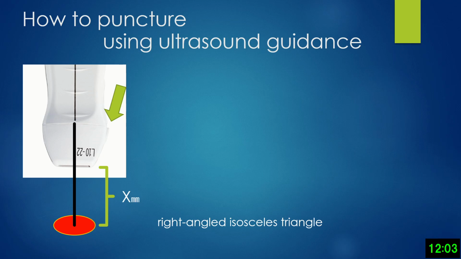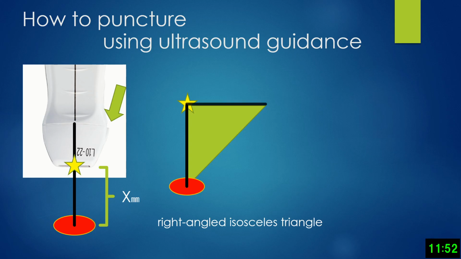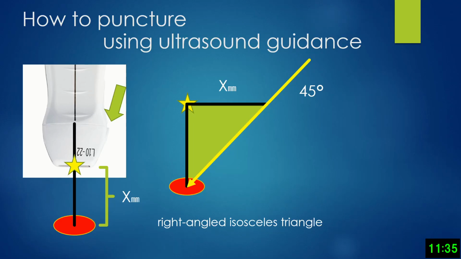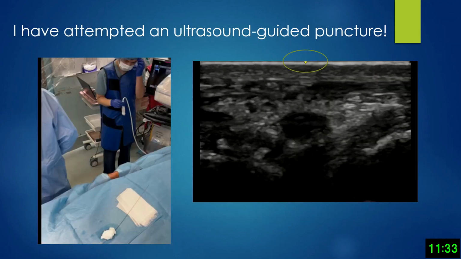And next, imagine a right-angle isosceles triangle formed by this probe and this target vessel. Set the skin puncture point at a distance of X millimeters from the probe center line. Theoretically, by puncturing at a 45-degree angle toward the artery, puncture can be achieved.